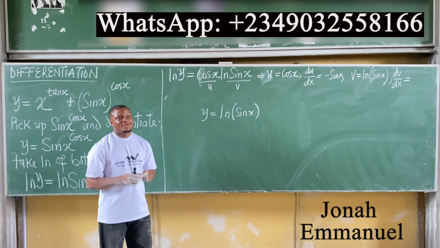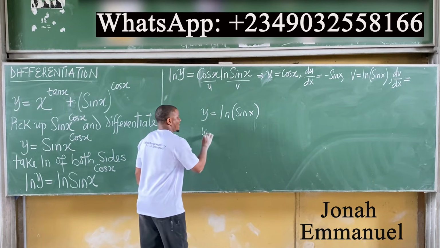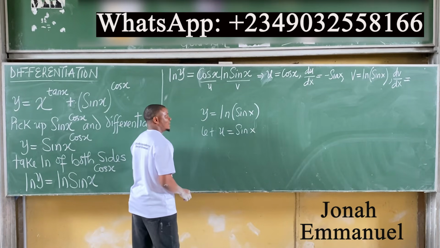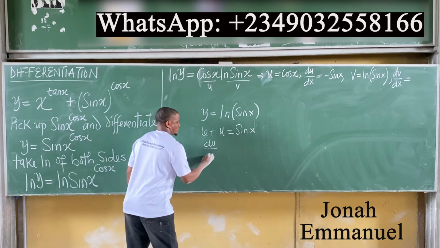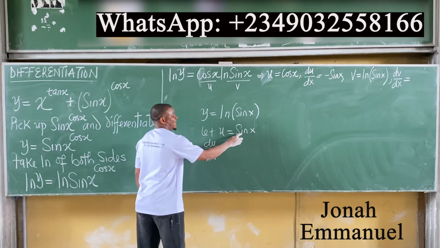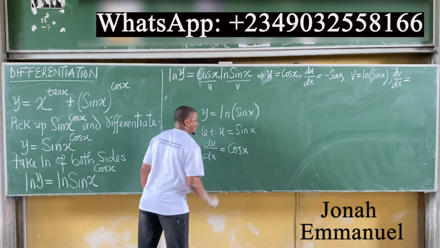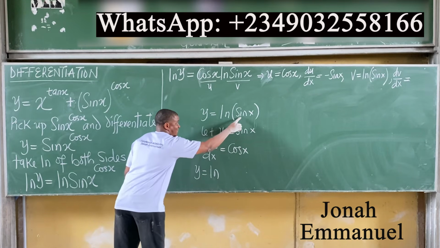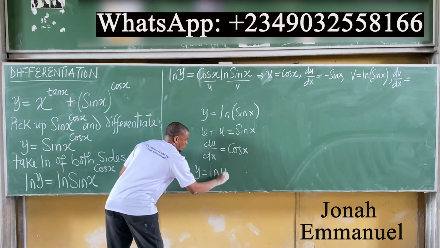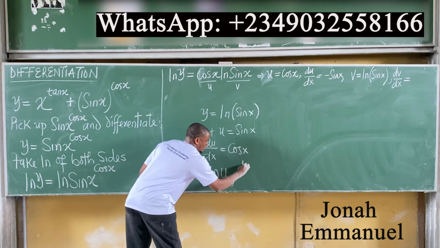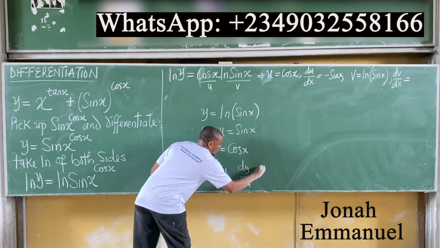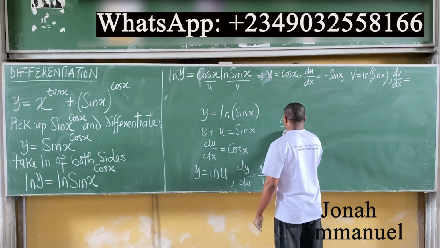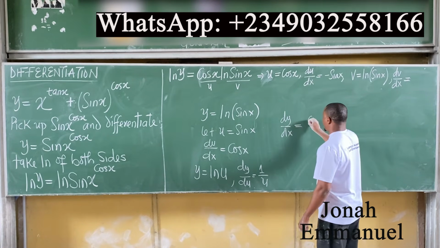Chain rule. In using chain rule, you say let u be equal to the term in the bracket, sine x. What is du/dx? Cos x. Now y on its own is ln u. What is dy/du? 1 over u.